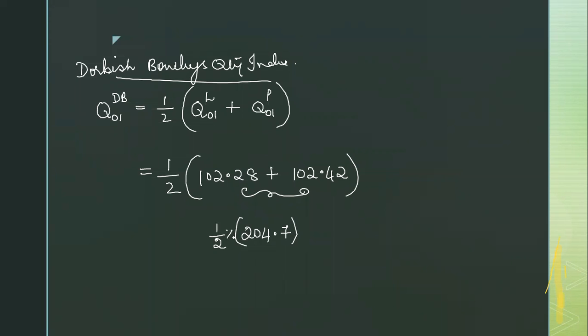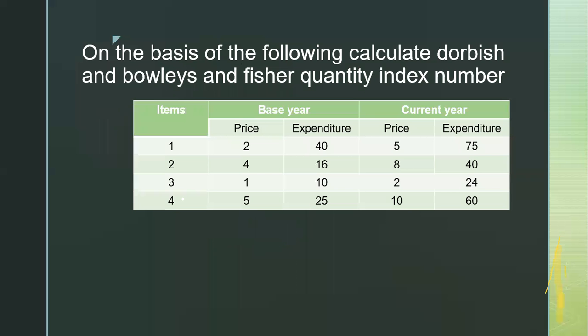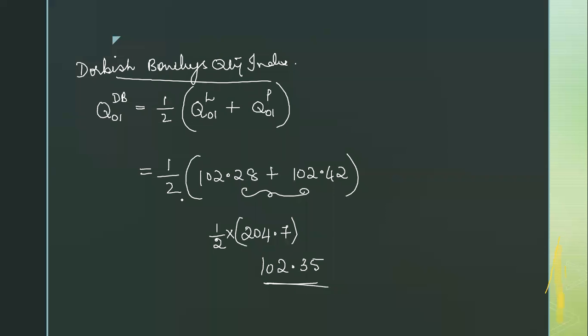Either you can multiply by 1 by 2 or divide 204.7 by 2, you get the same answer. What is the answer? 102.35. So like this you have to calculate Darvish and Bowley. First you have to add the Laspeyres value and the Paasche value, and then multiply with 1 by 2, or directly divide by 2. You will get the value of Darvish and Bowley's quantity index.